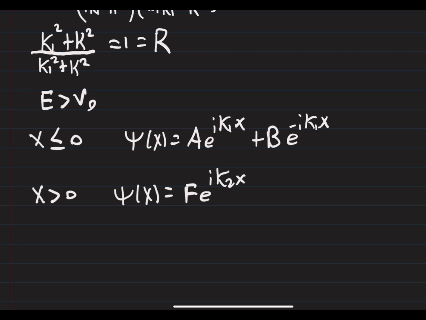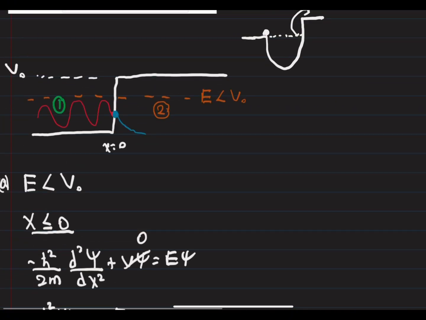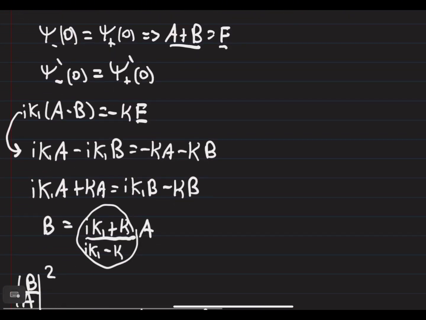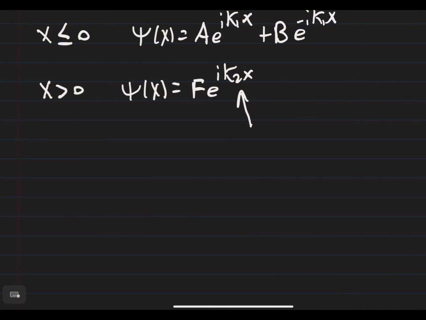The only difference is we're not decaying anymore. So if we look back at this little picture, our energy is now up here. So it's enough to overcome this potential step. So now we're no longer going to get any sort of decay. We're going to get some wiggling stuff going on. So that slightly changes your boundary conditions.